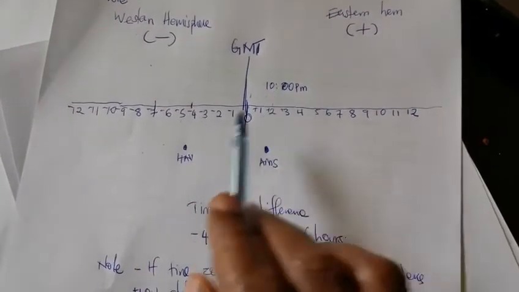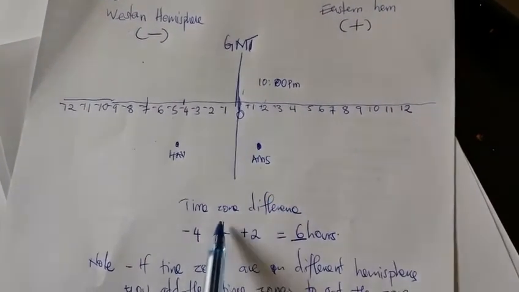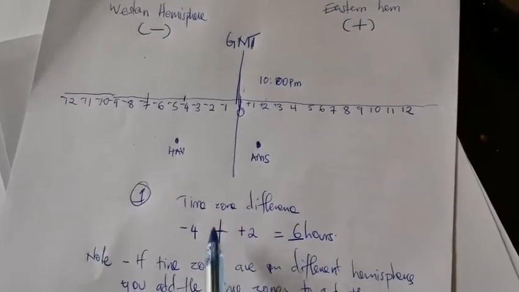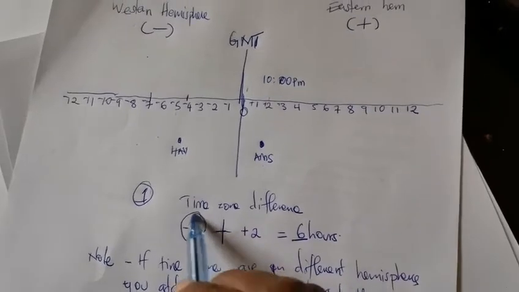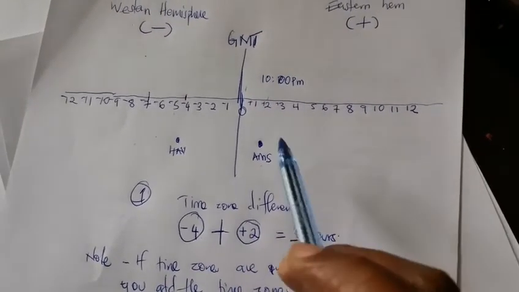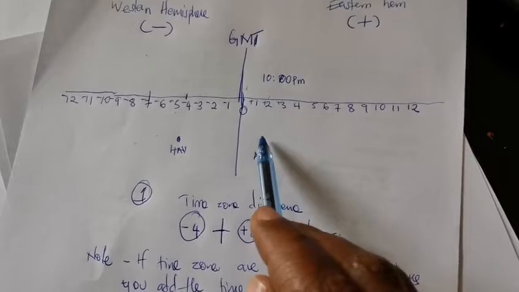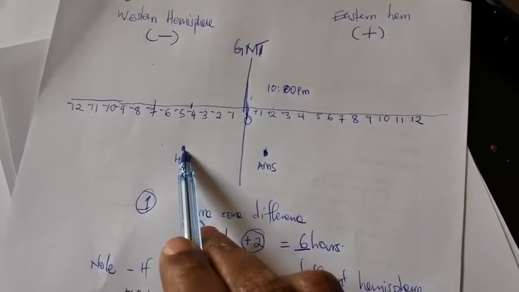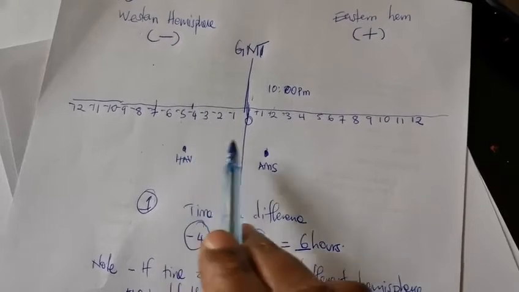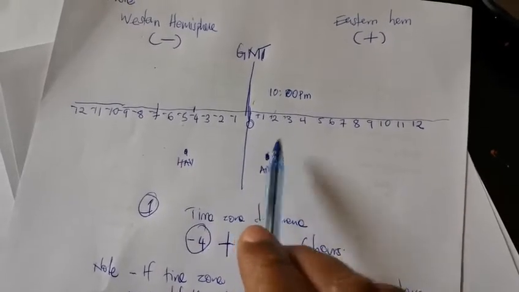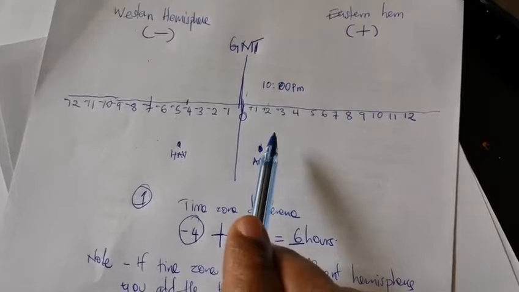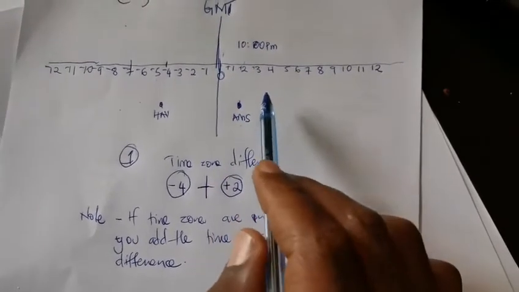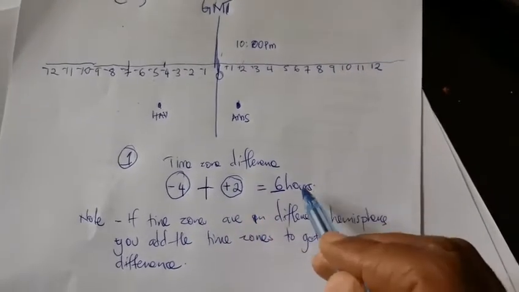To tell this, we first find the time zone difference as step 1. Identify the time zones for each, and they are on different sides, so we add them because one is negative and another is positive. You get 6 hours.